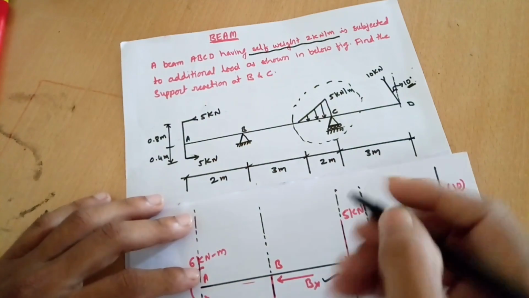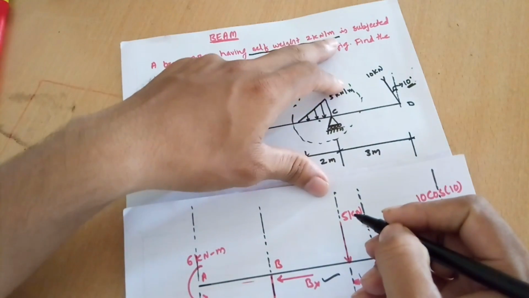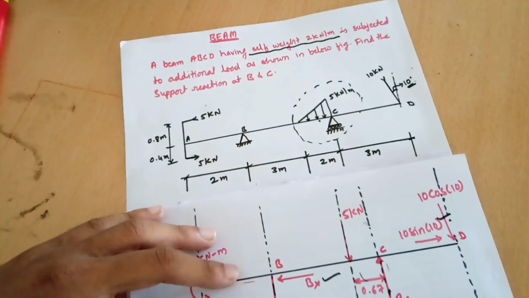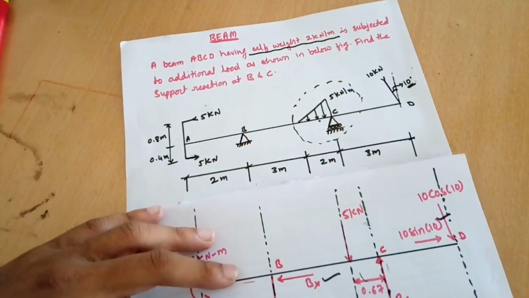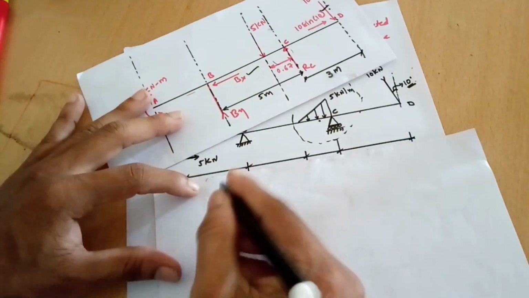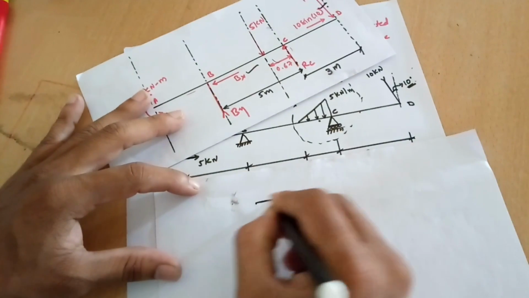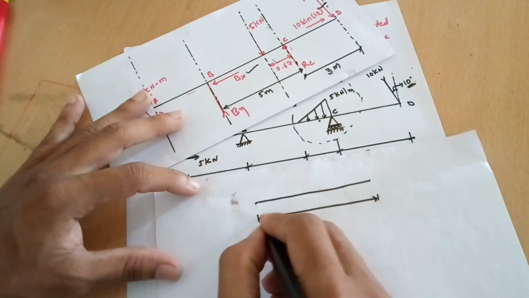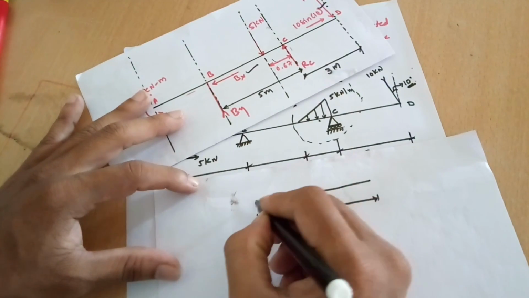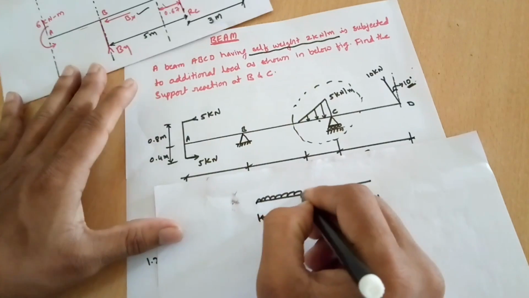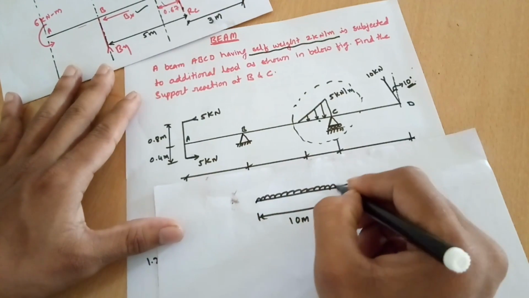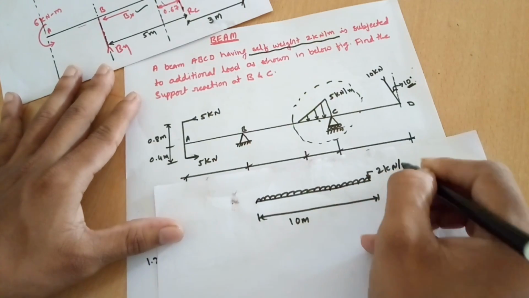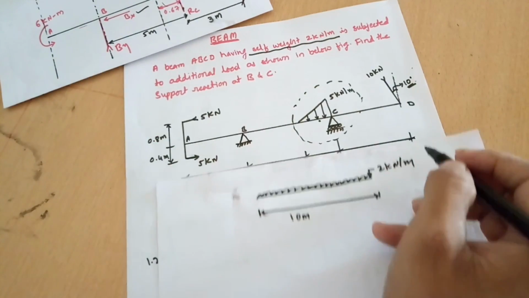Self weight means it acts over the whole span of the beam, from here to here. Its overall length is 10 meter. It is 2 kilonewton per meter, which means it's a UDL.